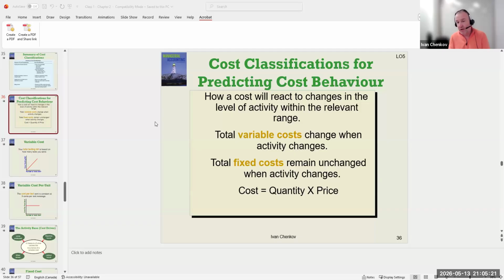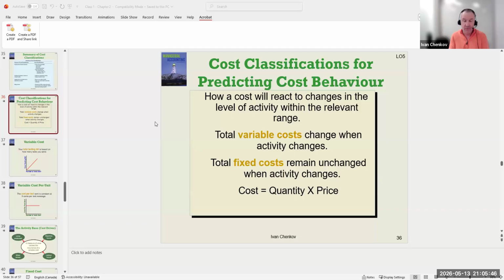But then I want to drive my car. If I drive my car, I have to pay for the gas. What kind of cost is the gas now? Is it variable cost or fixed cost? Variable cost. Why? Because if I drive more, I have to pay more. If I drive less, I have to pay less.